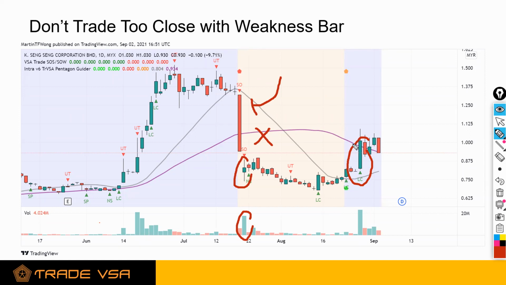But same thing, I don't think it will straight away challenge here. Maybe it goes up a little bit, drops a little bit, crosses below the 20 40s for a while, then crosses back up. So I want to see the test 2 times around the 20 40s area before I plan my trade again for KSSC.